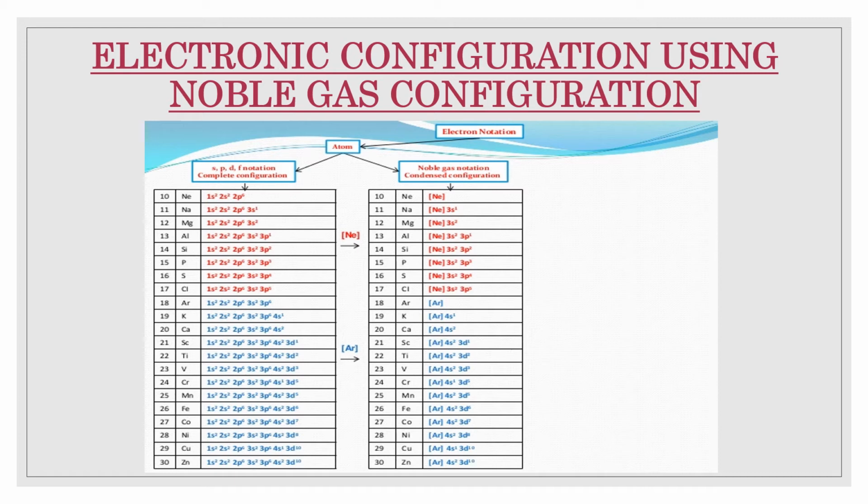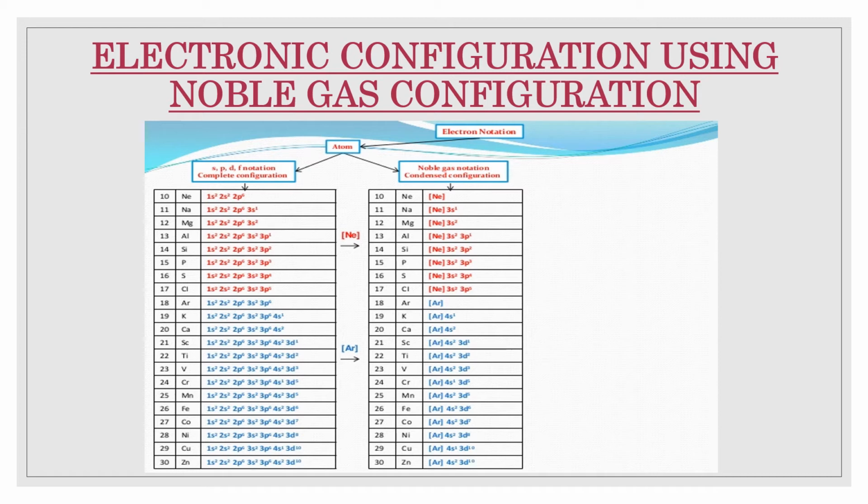For better understanding, let us take another example, sodium. If you are asked to write down the electronic configuration of sodium, are you able to write it down? Yes, because there are 11 electrons in total in sodium. So 1s2, 2s2, 2p6 and then 3s1. For writing in terms of noble gas notation, how do we write it for sodium?